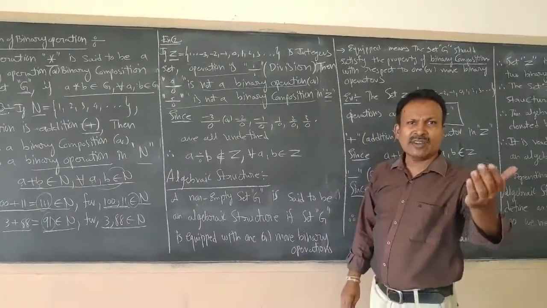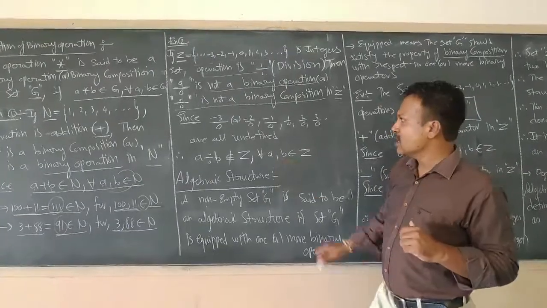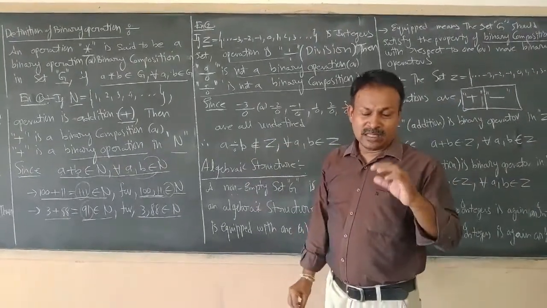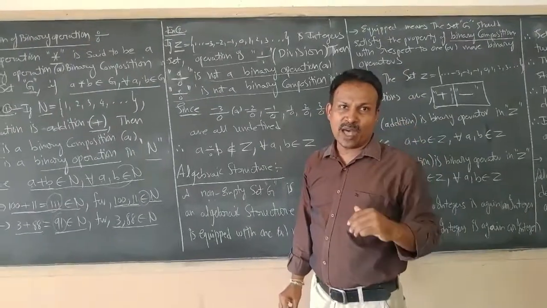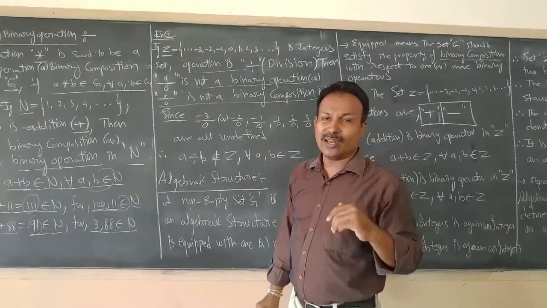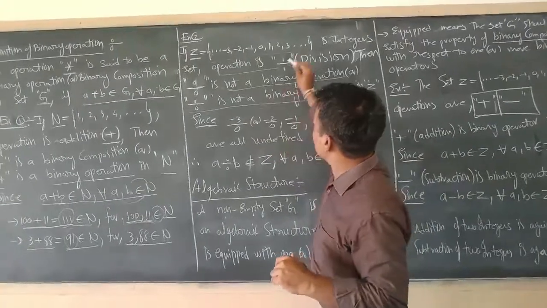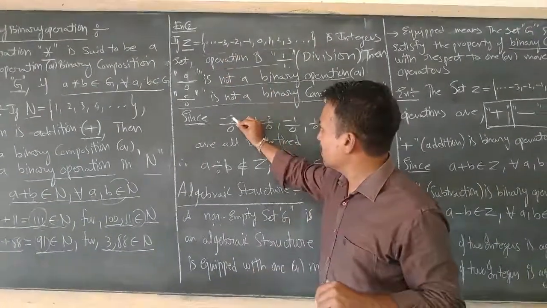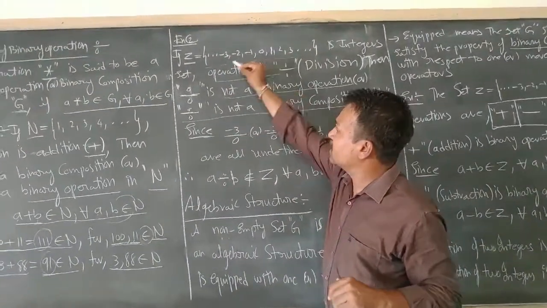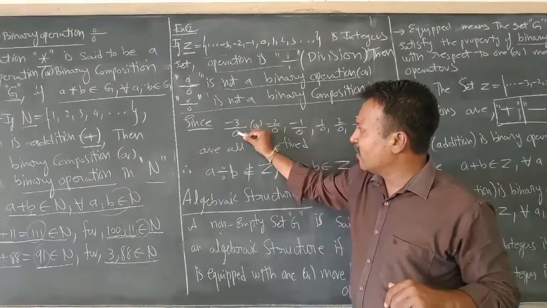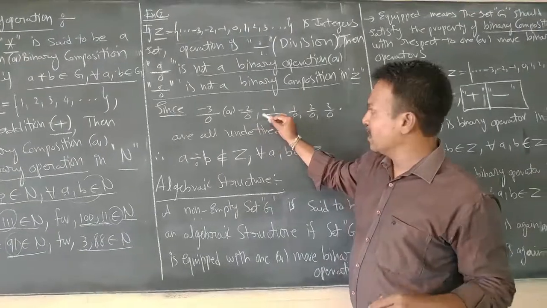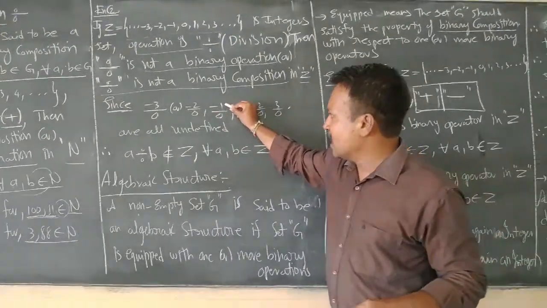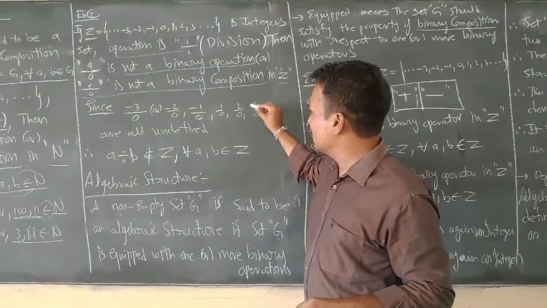Why have I written it this way? Because we know well that any number divided by 0 gives an undefined value, that is, an unknown value. Minus 3 is present in the set of integers, and 0 is also an element of the set of integers. Minus 3 divided by 0 is undefined. Minus 2 divided by 0 is undefined. In the same way, minus 1 by 0, 1 by 0, 2 by 0, 3 by 0.